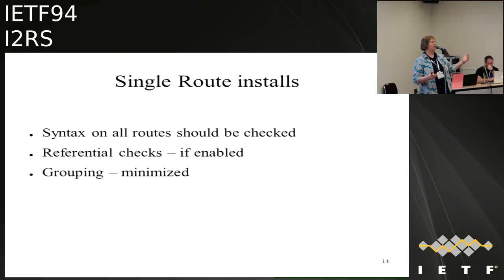However, we were given an example by Jan Medved where he wanted to drop 100,000 routes within a quick time. You're not going to get that with all the referential checks in unless you do something special. He was asking if we could disable them. Good question. Yes.